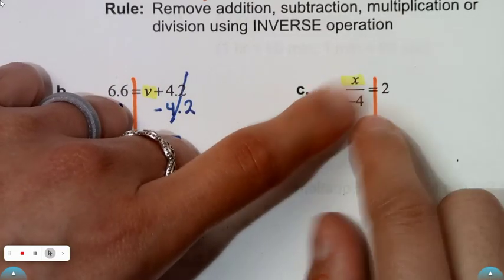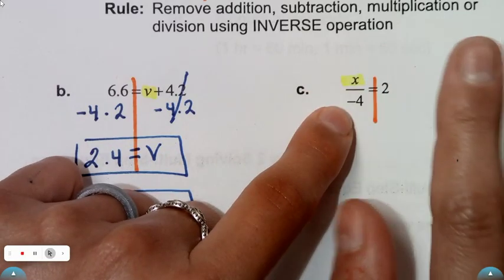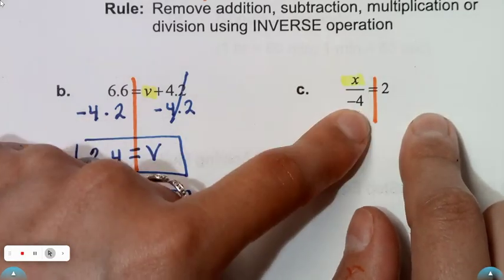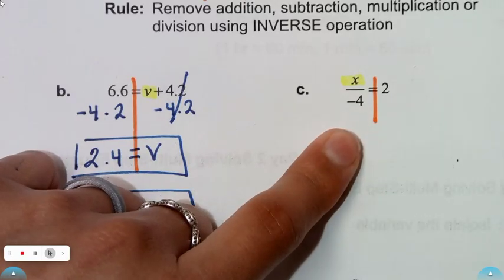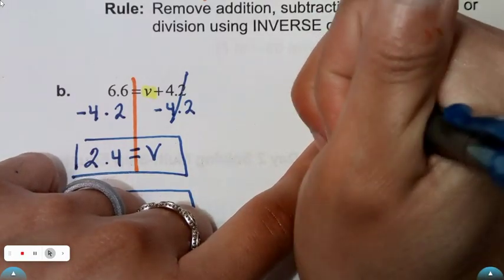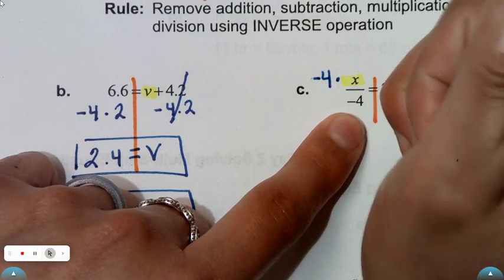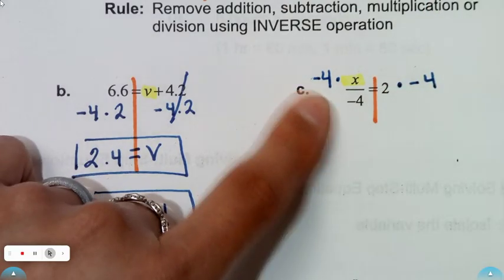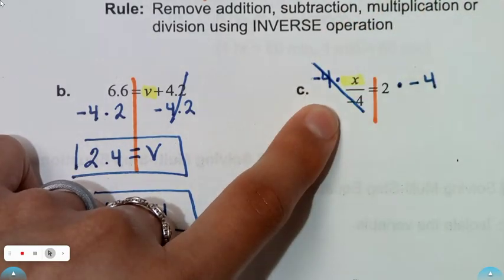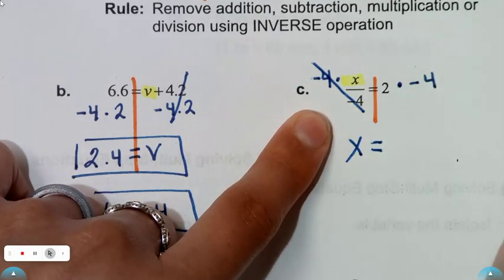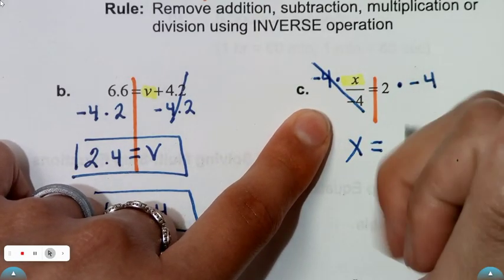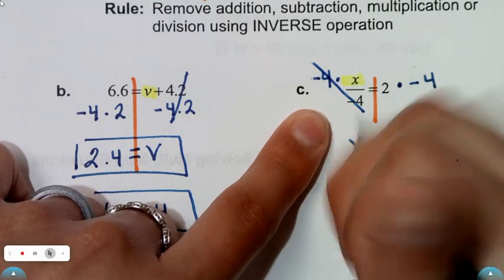I can only do this if I have one thing on each side. So you see how I have one fraction and one number? That's why I can do this. So I'm going to multiply both sides by the denominator, which is -4. These -4's cancel. I'm left with x equals, and then 2 times -4, which is -8.